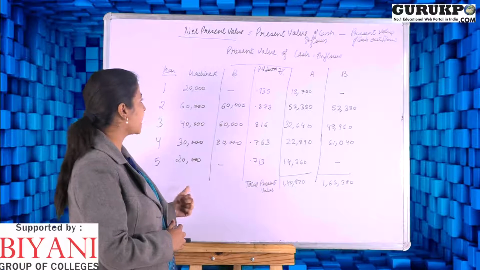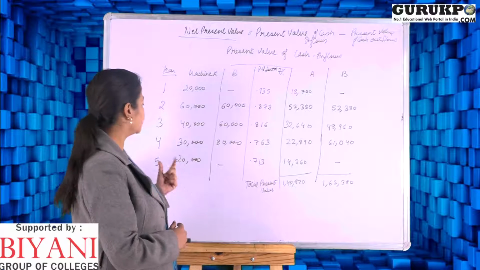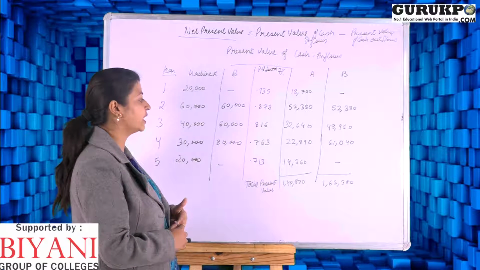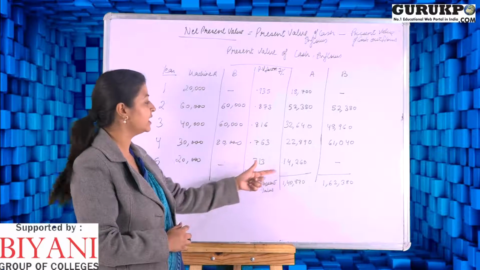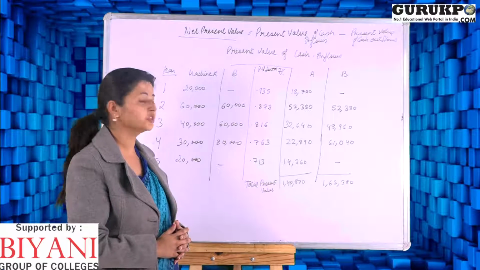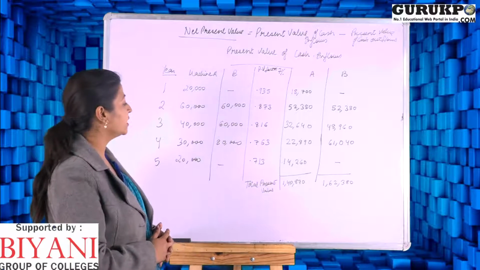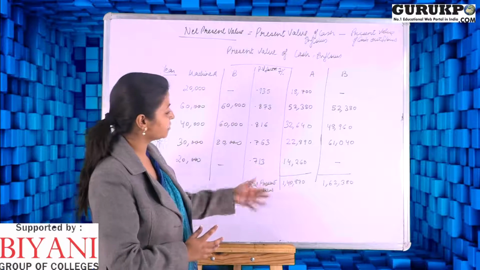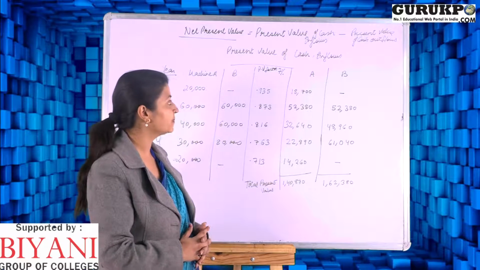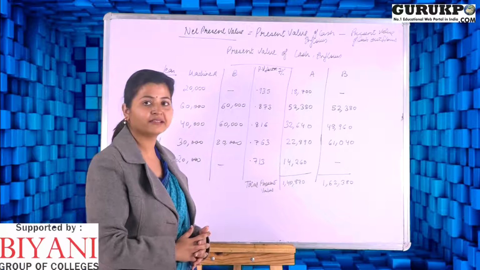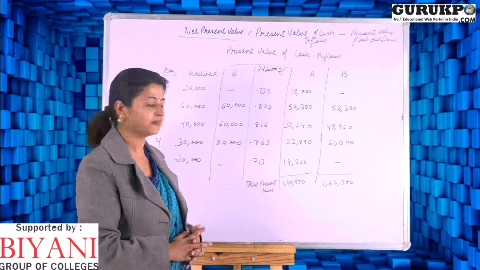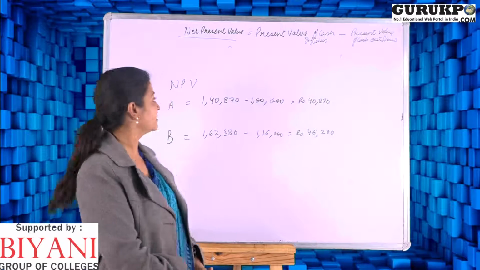We multiply 20,000 into 0.713 and get 14,260. So the total for A is 1,40,870 and for B it is 1,62,380.